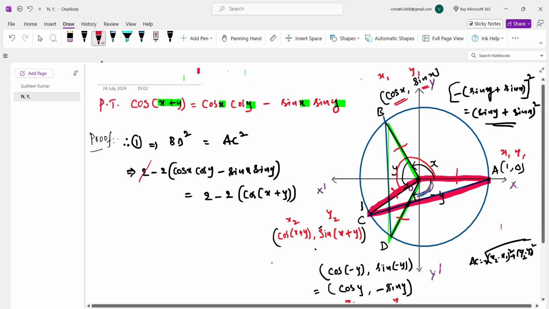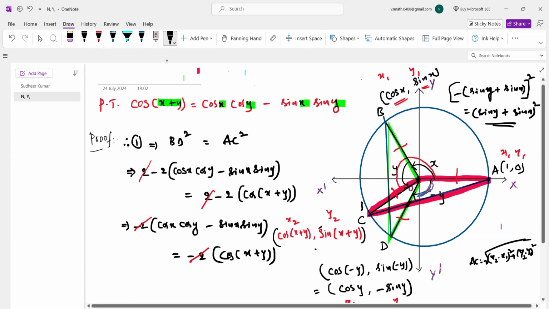Now, these two get cancelled. So we can write this as minus 2 times (cos x cos y minus sin x sin y), which is minus 2 times cos of (x plus y). Then divide by minus 2 on both sides. Therefore, we get the result as cos of (x plus y) is cos x cos y minus sin x sin y. That's all. Hence proved.